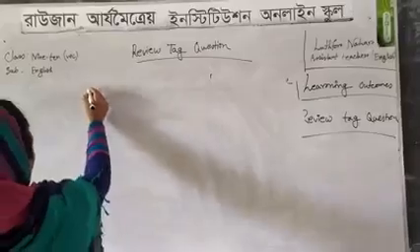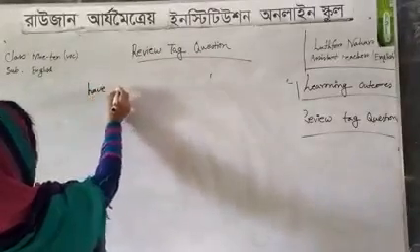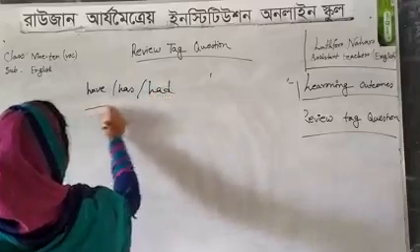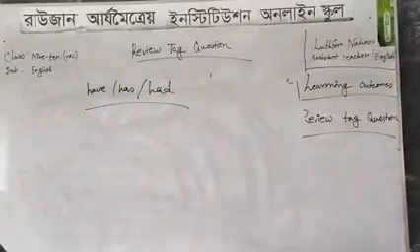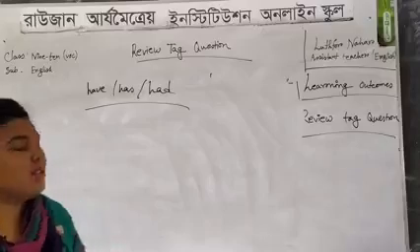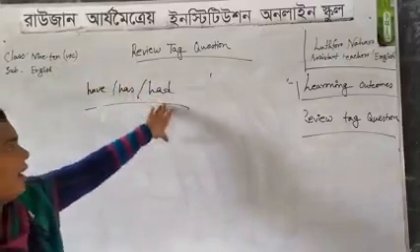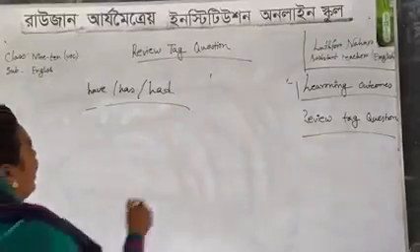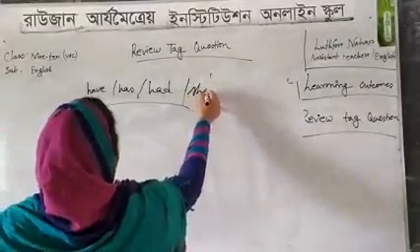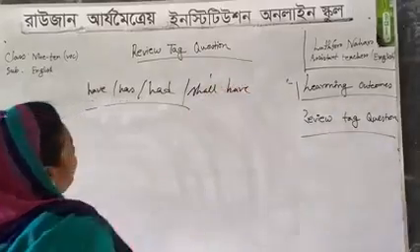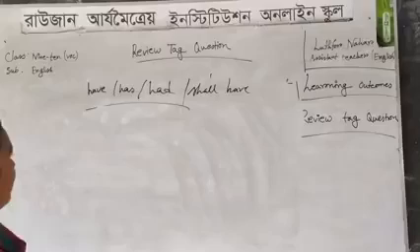Have, has, had mention that it's a perfect tense. What kind of perfect? Present perfect and past perfect, and also shall have, will have.